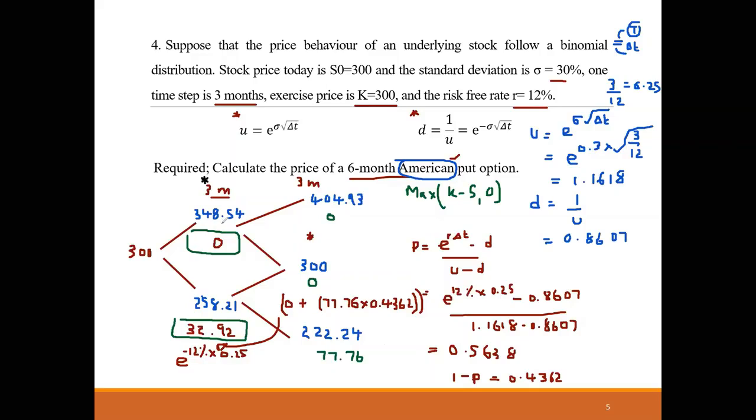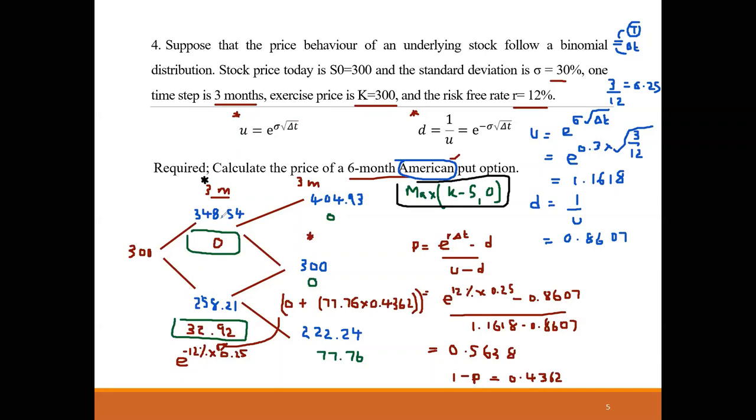You need to compare these calculated values with the intrinsic value at this point if you exercise it. Again, we know the payoff is the maximum of K minus S. So if it goes up after 3 months and you exercise at that point, what will be the payoff?